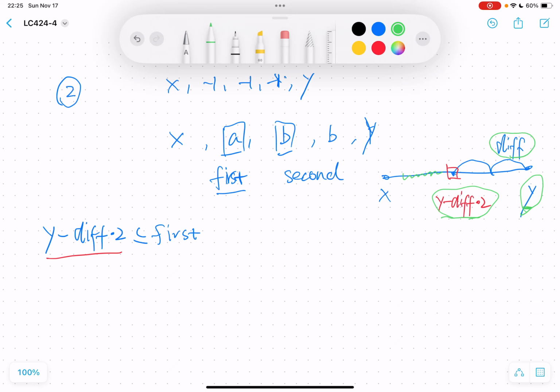So for the first element, that means for a, the left end of the interval must be y minus diff multiplied by 2.